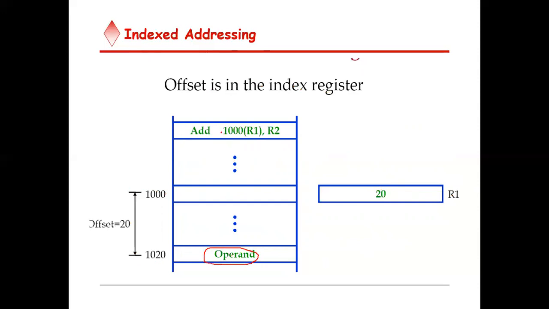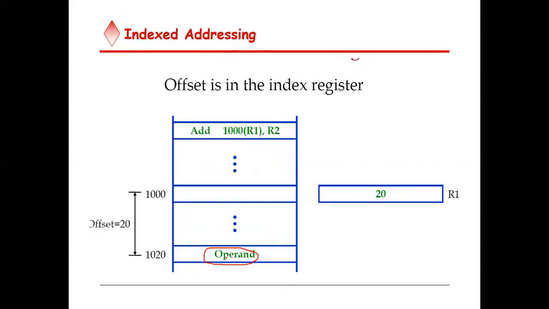So there are two different ways: either keep 20 outside and 1000 inside the register, or keep 20 inside the register and 1000 as the offset. Both work in a similar way because the operation is the same. 1000 plus 20 is added in both cases, and at 1020 your operand will be present.